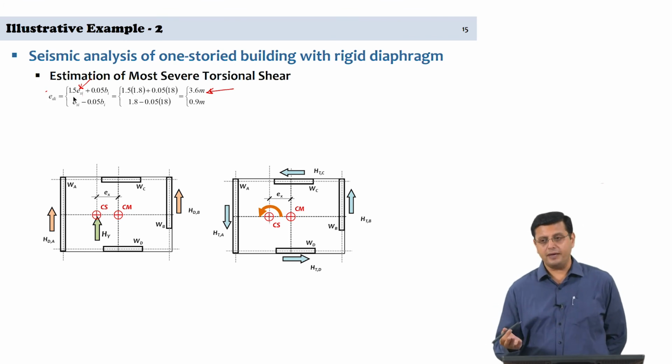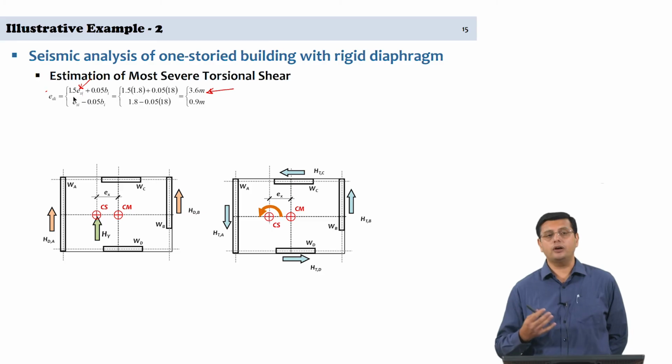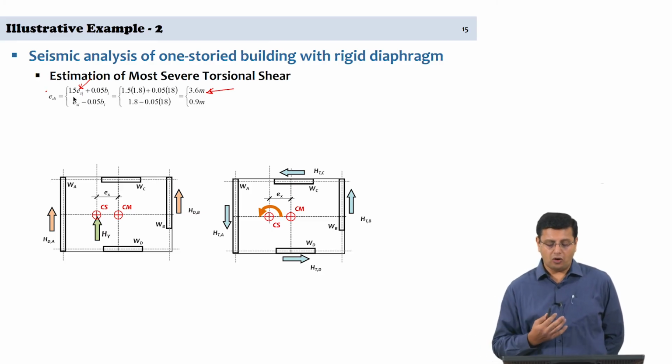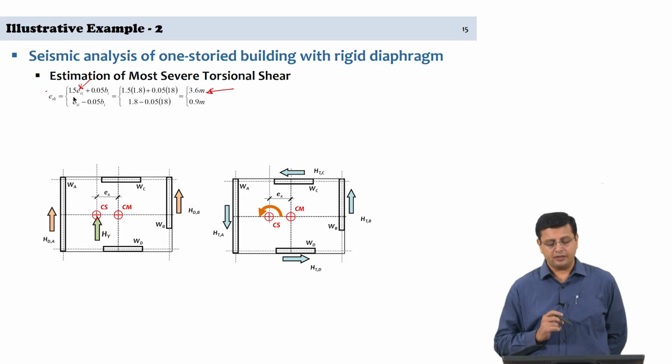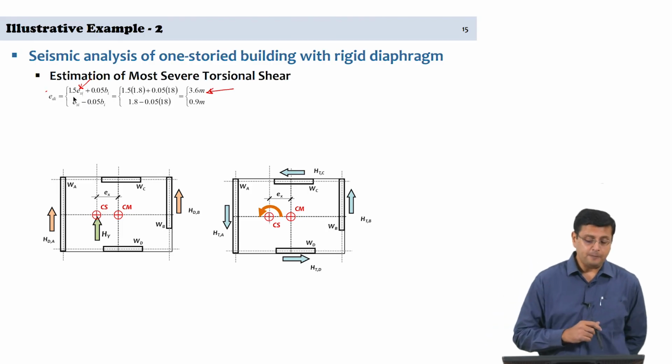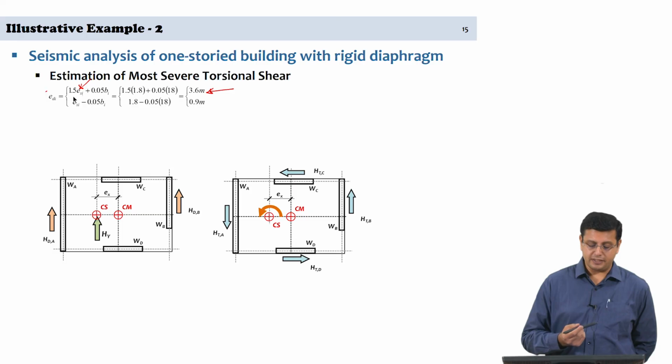However, if you are basing your design force calculations on the response spectrum method or equivalent static force method, then it is essential to calculate the dynamic eccentricity and use that to estimate the total force.